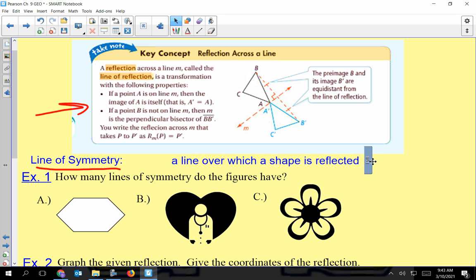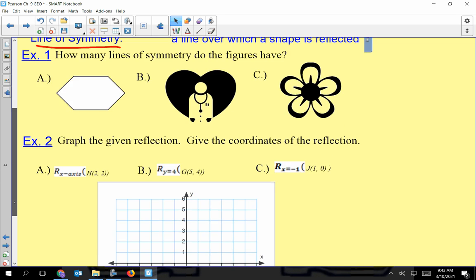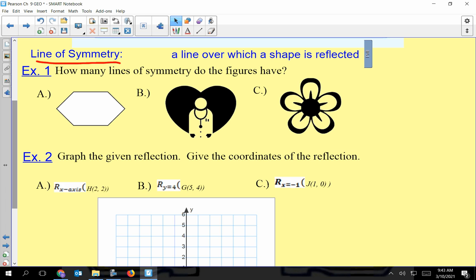If you draw these three pictures, I know that middle one's going to be kind of tough, but just look at this and draw these. A line of symmetry is going to cut something in equal halves. It's kind of like doing origami. We're going to fold the figure over whatever line we've created, and it's going to map onto itself.